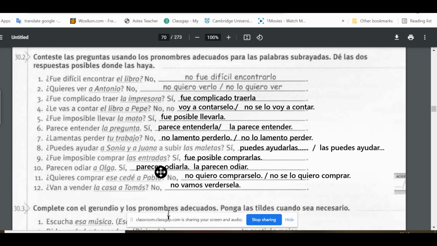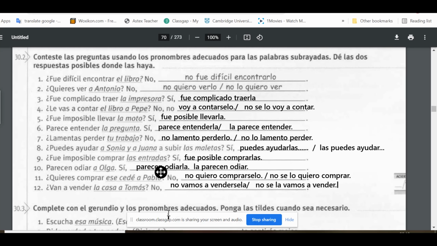"No vamos a vendérsela." And the other way? "No se la vamos a vender." Sorry, I forgot the preposition. "No vamos a vendérsela, no se la vamos a vender."